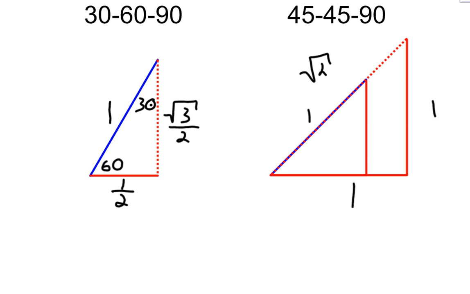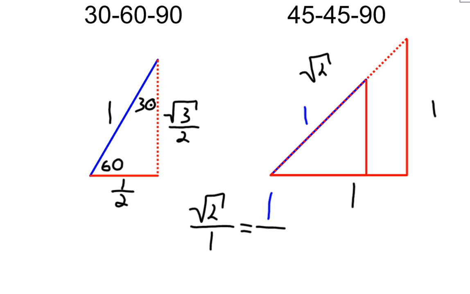So using some ideas of proportionality and rationalizing our denominator, using the idea of similarity, I can set up a proportion where my hypotenuse originally was the square root of 2 and my side length is 1. But now I want my hypotenuse to be 1.